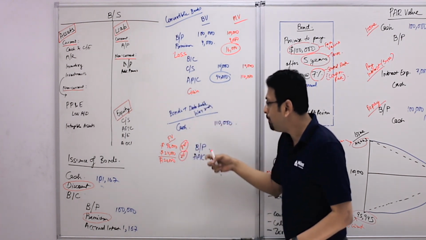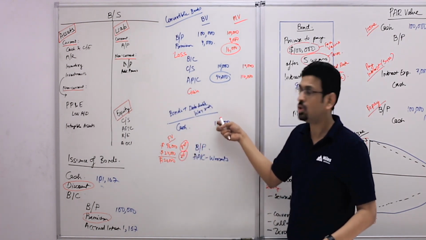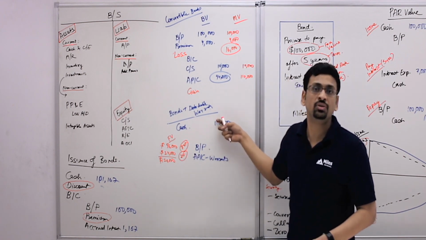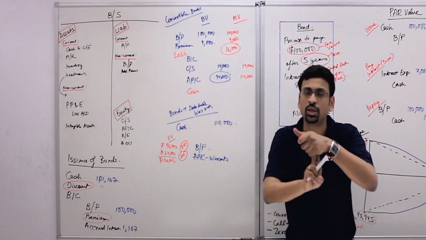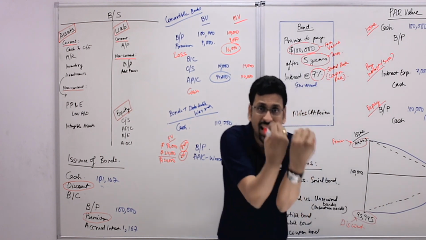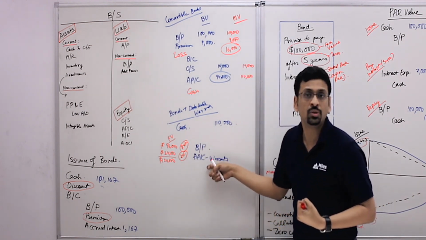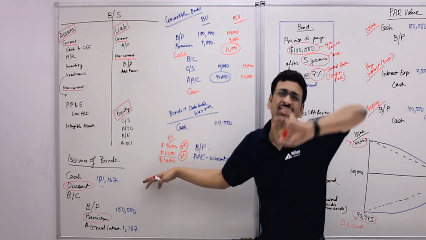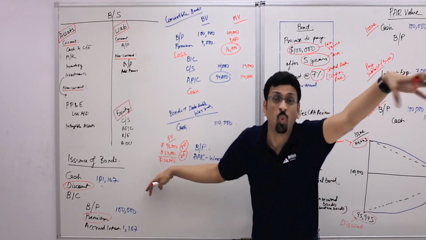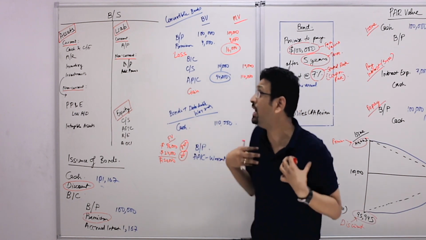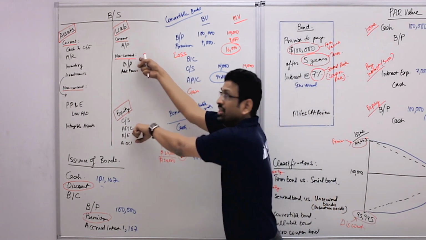So the bonds are 80% of this, warrants are 20% of this. Simple and easy, right? We're issuing two securities. We need to allocate all the cash that we got between bonds payable and warrants. We don't care about the market value, right? That's for the bondholders, who are trading in the bond markets. What we care about is how we allocate it on our books between this and this.